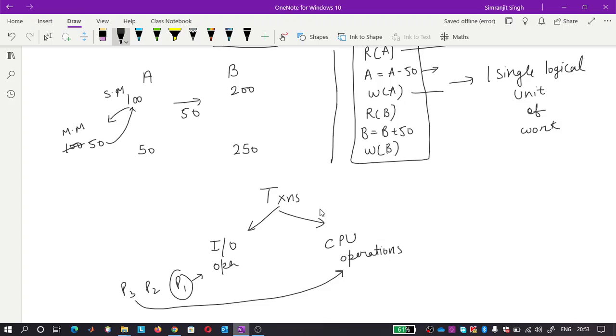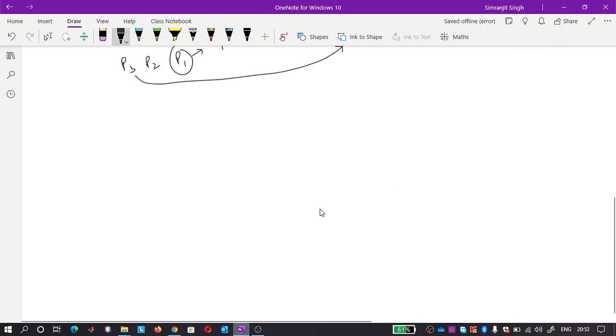Now if I write the same transaction that we have seen: read of A, A equal to A minus 50, write of A, read of B, B equal to B plus 50, and write of B.